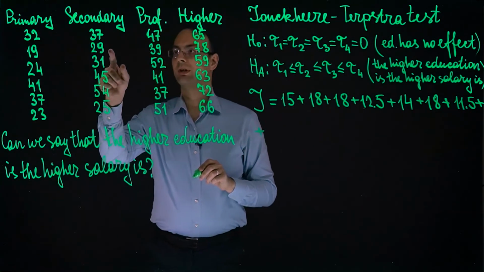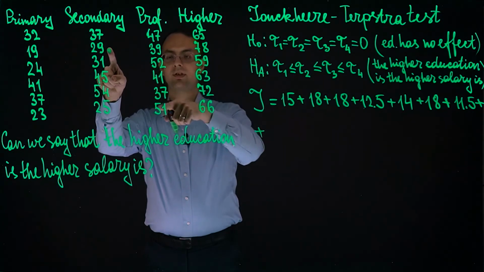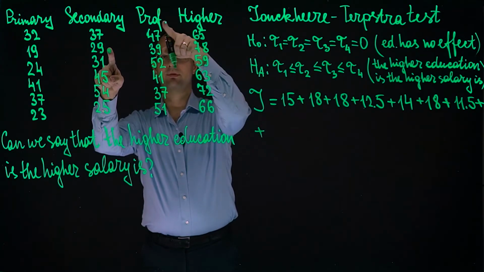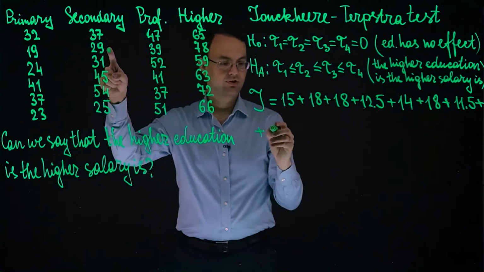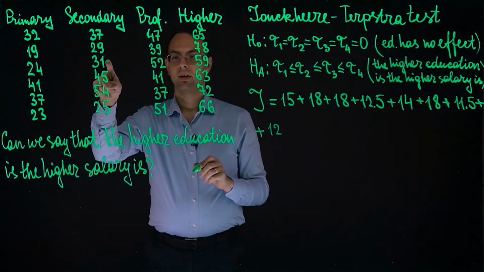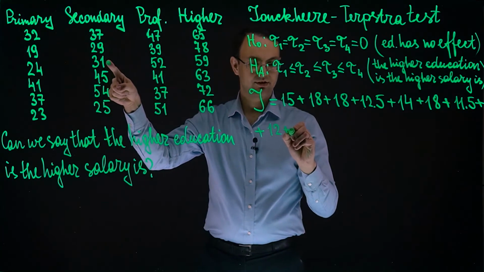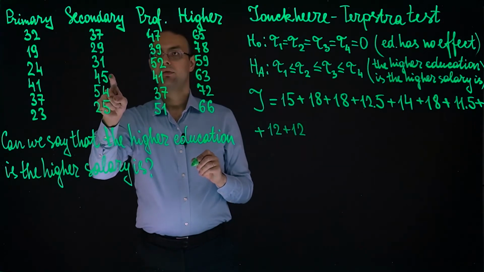Then 29. 29 is less than these numbers, and we have 12 observations here, so plus 12. 31 is also less than all these numbers, so plus another 12. 45.